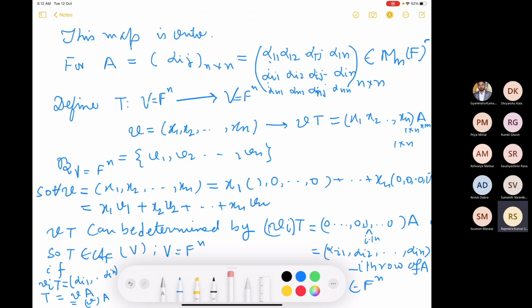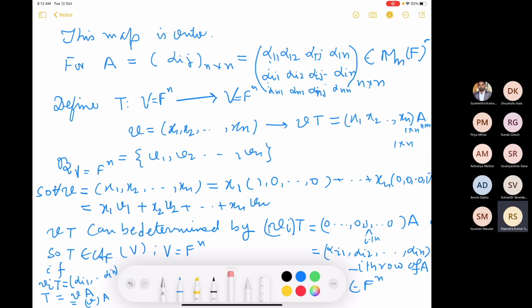Now, this linear transformation could be defined as the image of v under T, say, for example, if you call this T, is vA, where vA denotes the product of the row vector with the matrix A. Row vector means this is a 1 by n order matrix, and A is n by n, and we already have defined how to multiply two matrices.